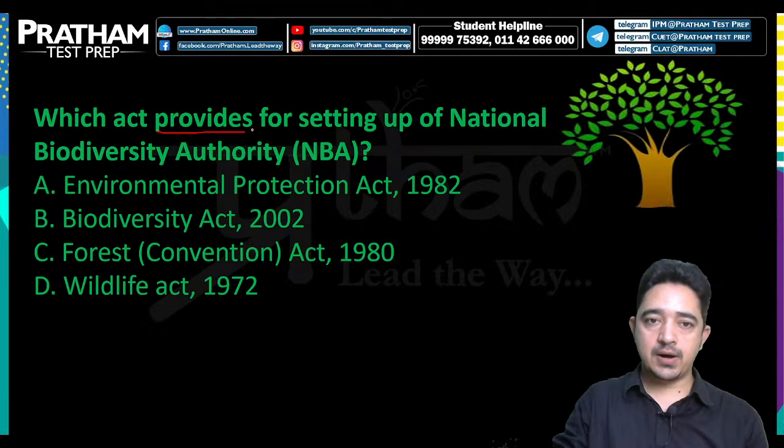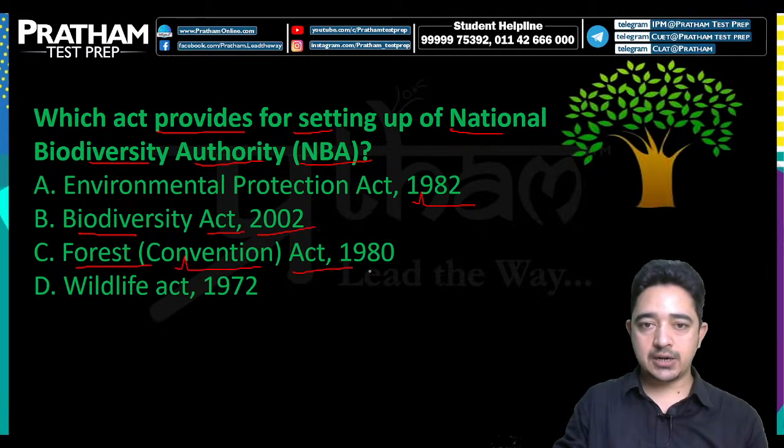Which act provides for setting up a National Biodiversity Authority (NBA)? Option A, Environmental Protection Act 1982, B, Biodiversity Act 2002, C, Forest Convention Act 1980 and D, Wildlife Act 1972.